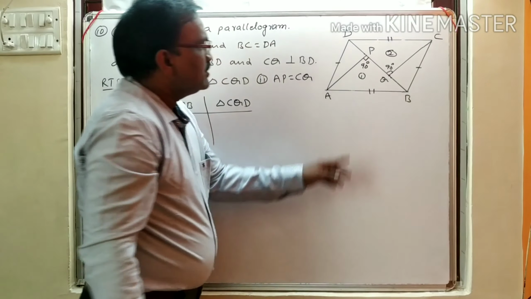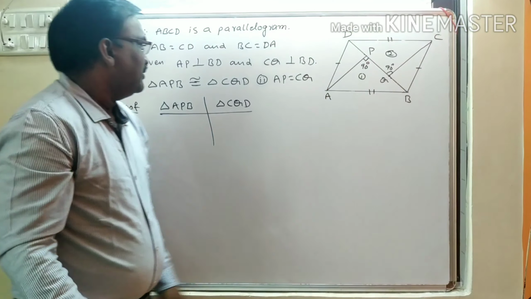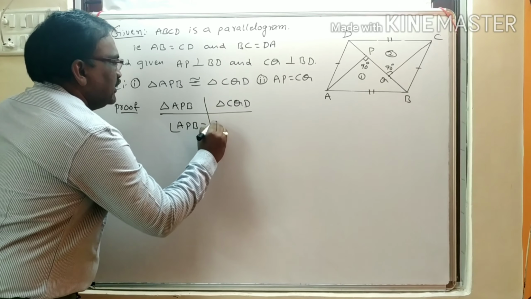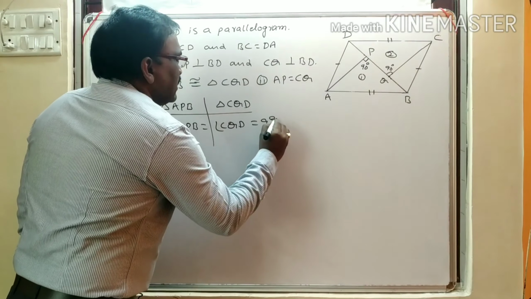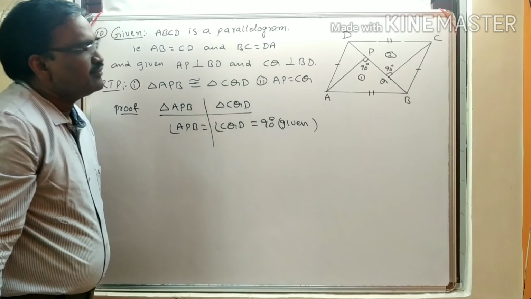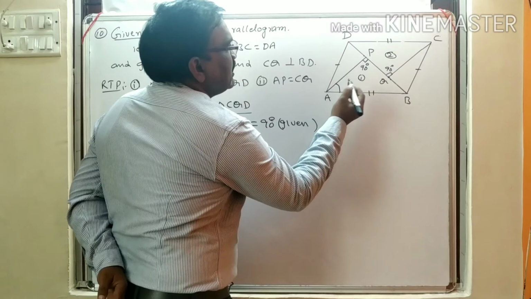So angle APB is equal to angle CQD, that is 90 degrees. This is given.